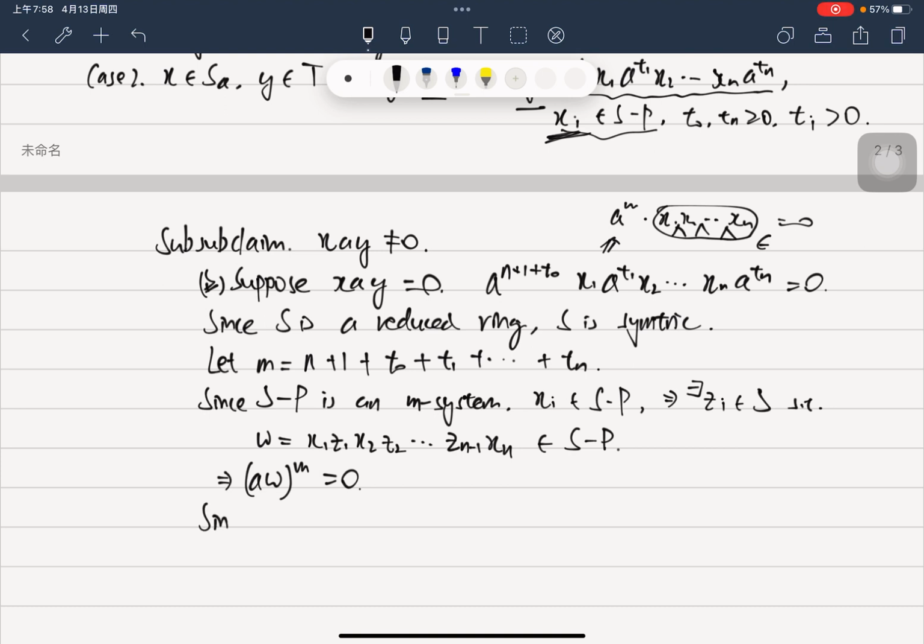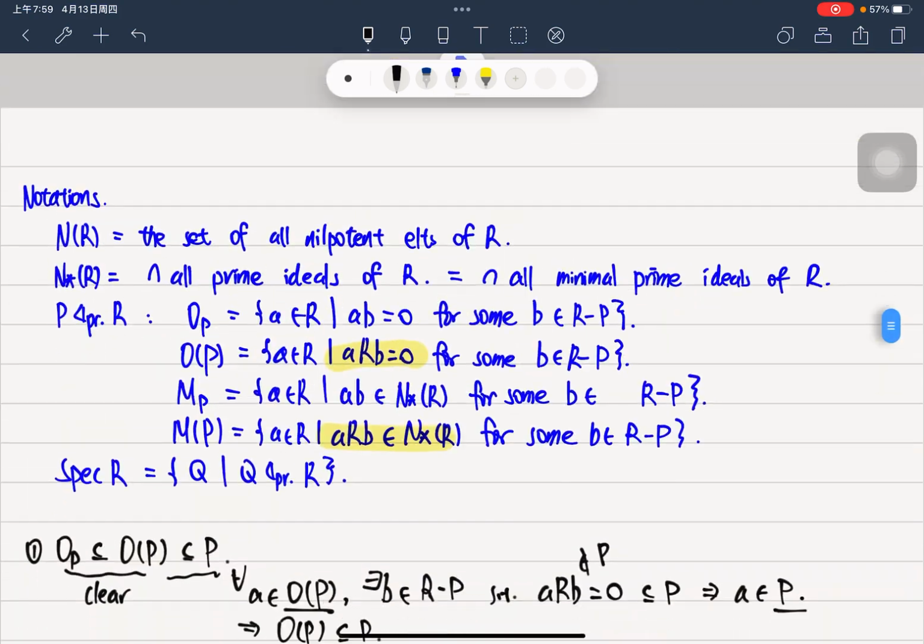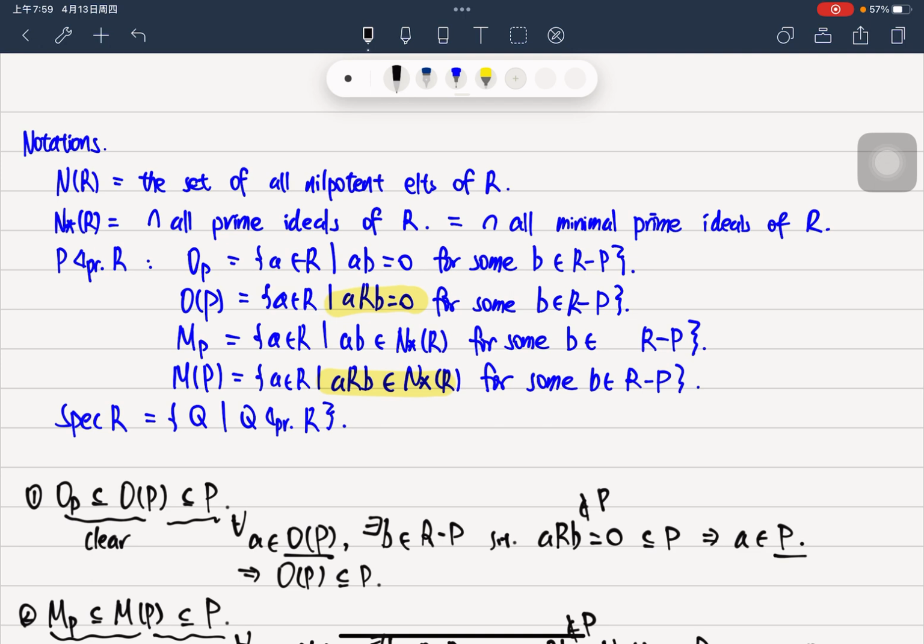And since our R is reduced, AW is 0. Now we get a product of an element not contained in P that is 0. Here, a product of an element in R minus P is 0, then A is contained in the radical of P.